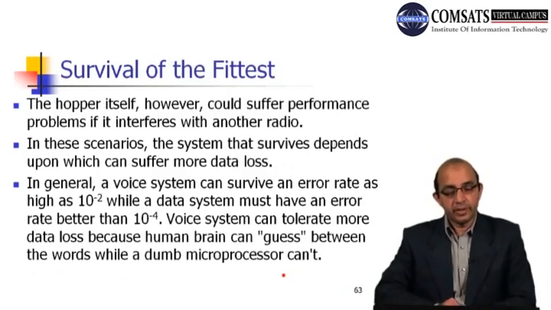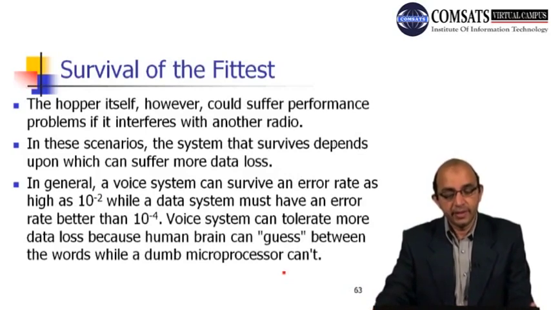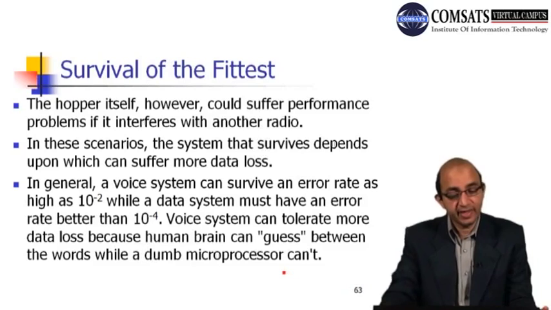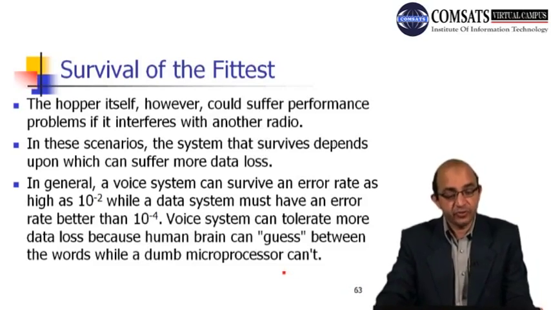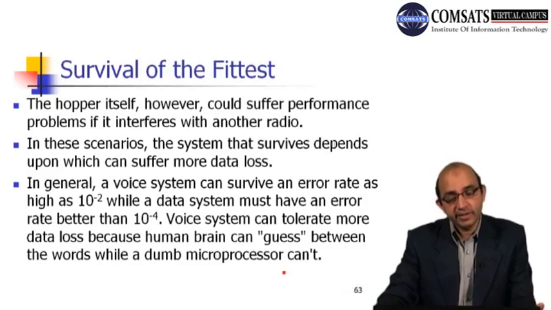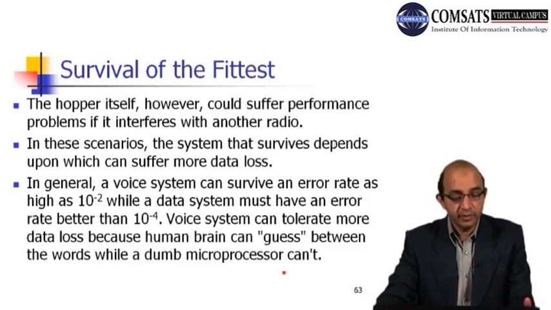The frequency hopper can suffer performance problems if there is interference between the underlying frequency hopper and another radio, right? So in that case, the system that can bear more data loss will be the one that survives, right?